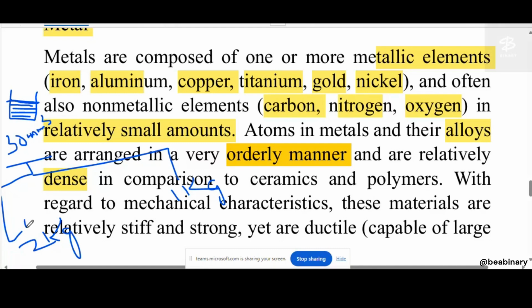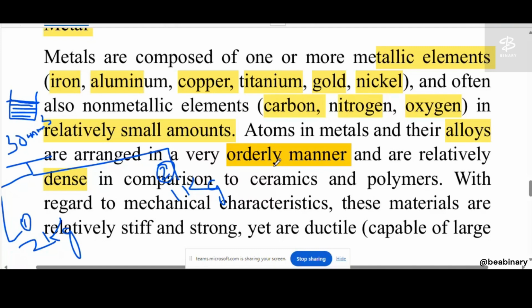You can say container one and container two. Which will be more dense? Container 1 is more dense. Okay.